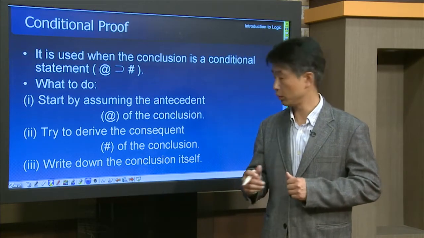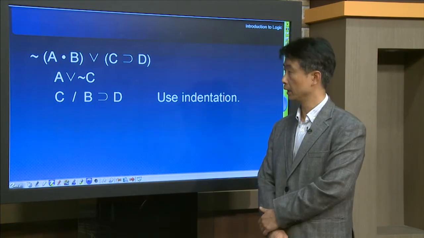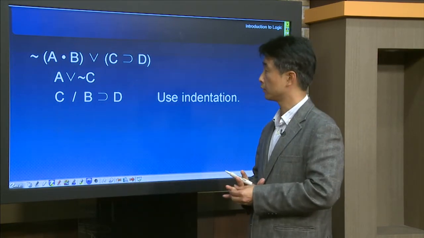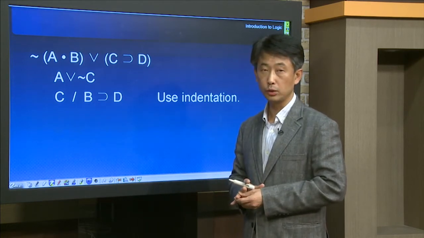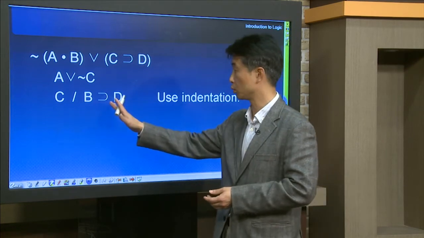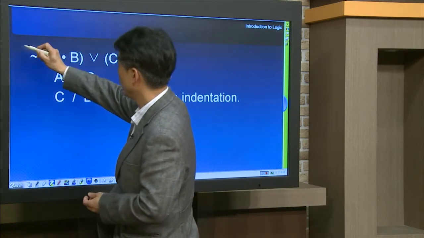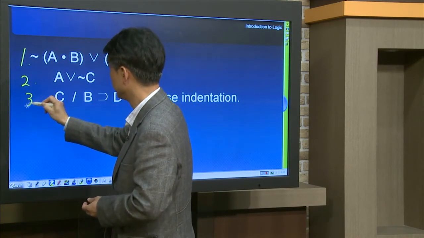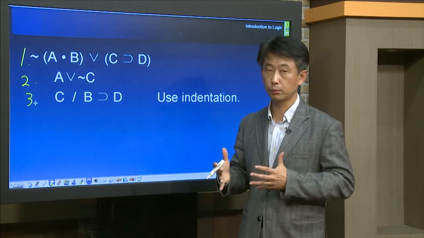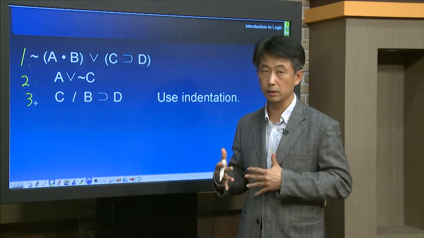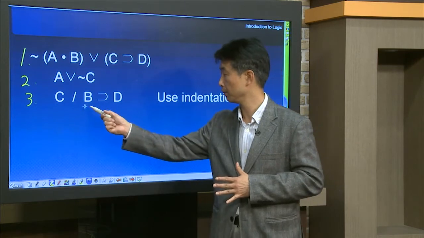Talking about an example will be the best way, I think, to illustrate the method. Here is an argument. There are 3 premises, and the conclusion is B, then D. So we can use conditional proof because the conclusion is a conditional statement. We number the premises. And according to conditional proof, I'm supposed to start by assuming the left-hand side of the conditional statement, which is B. Okay?